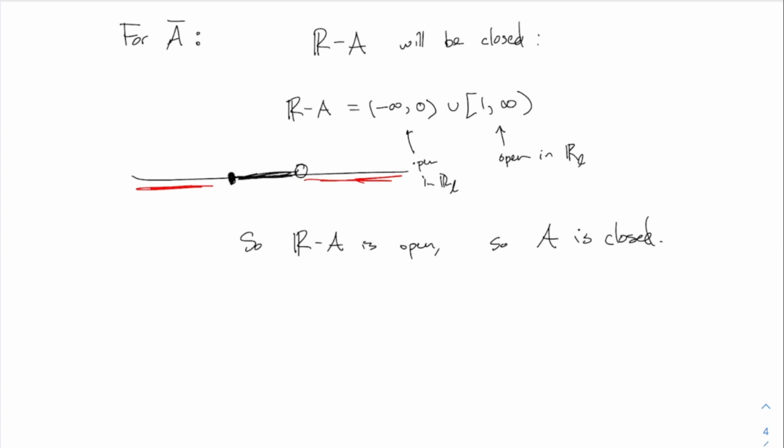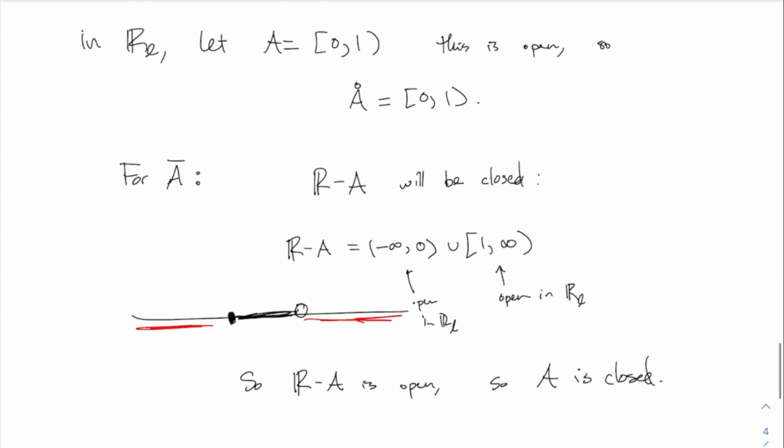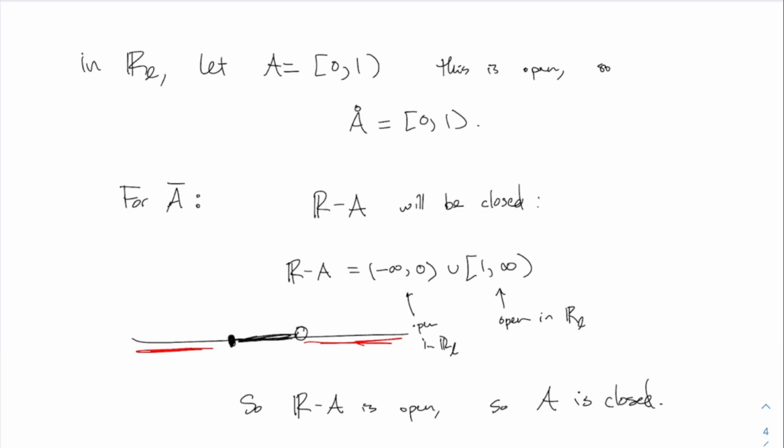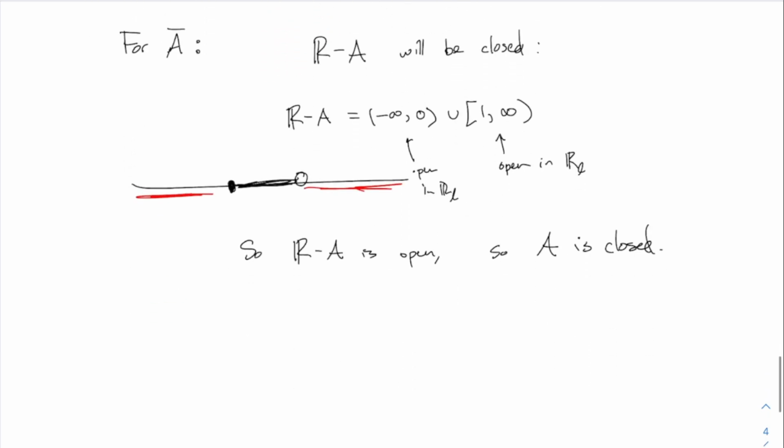Is this confusing? In the first part, we said A is open, and it is. We now have realized A is also closed. So that means, as far as the closure goes, A bar equals A, which is this set 0 to 1.